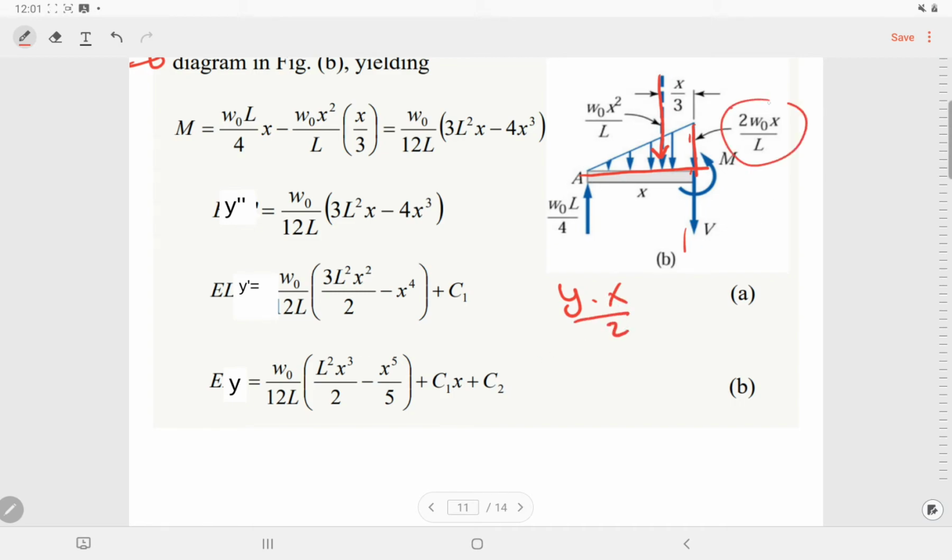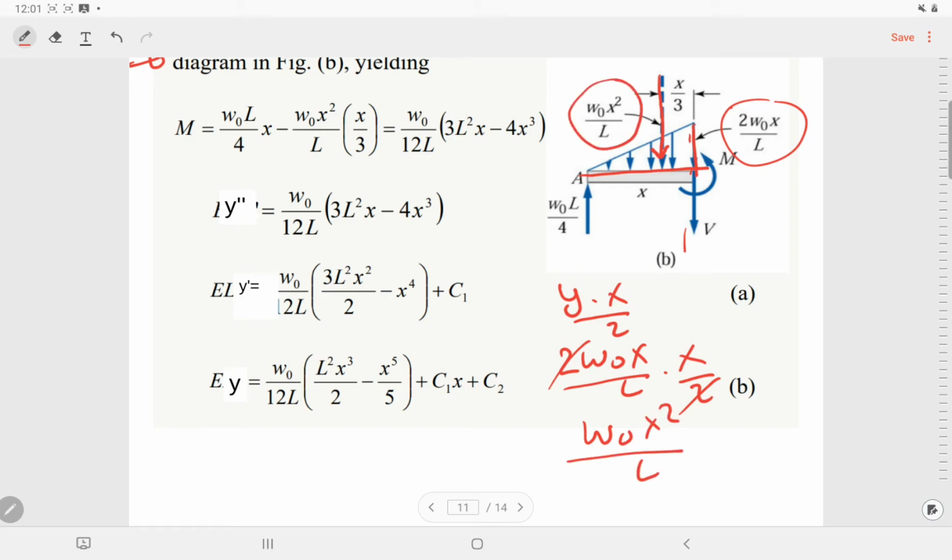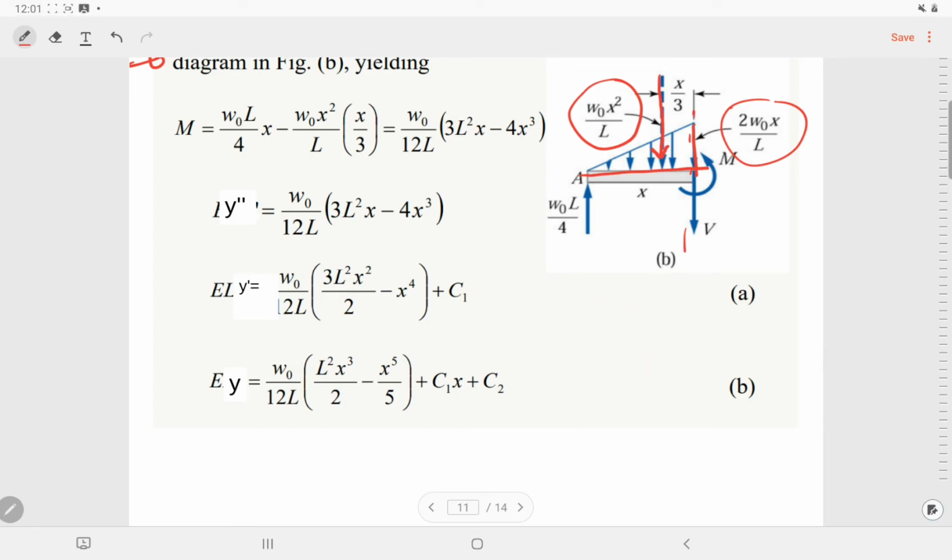How much is y? This y is 2 W naught x over L, times x over 2. The 2 cancels with 2, so it's going to be W naught x squared over L. So we cut here at x.